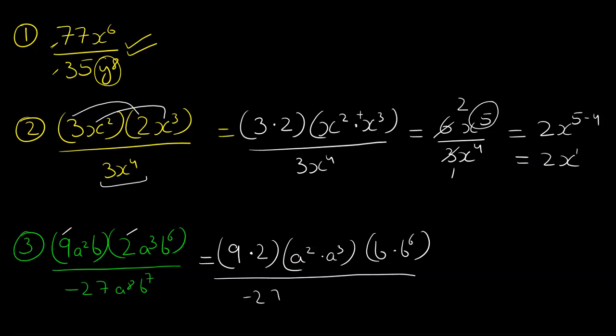We don't do anything with it yet until everything has been solved in the numerator. So for this one we get 9 times 2 is 18. For a we again simply add these two powers together. 2 plus 3 is 5, and for b 1 plus 6, that is 7, over negative 27 a to the power of 8 b to the power of 7.